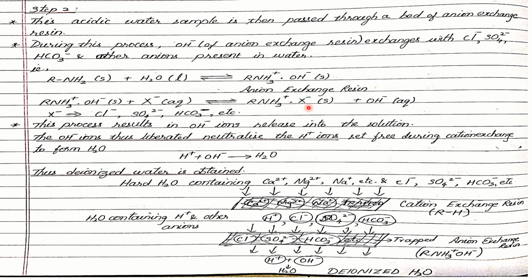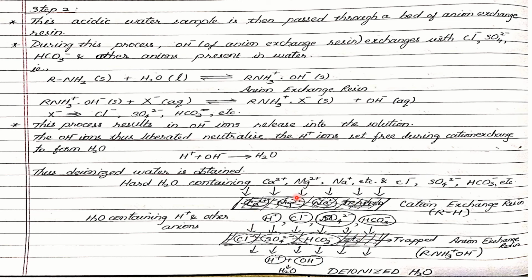Clear? Now this process results in OH- ion release into the solution. The OH- ions thus liberated neutralize the H+ ions set free during cation exchange to form water. Now, this is how deionized water is obtained.